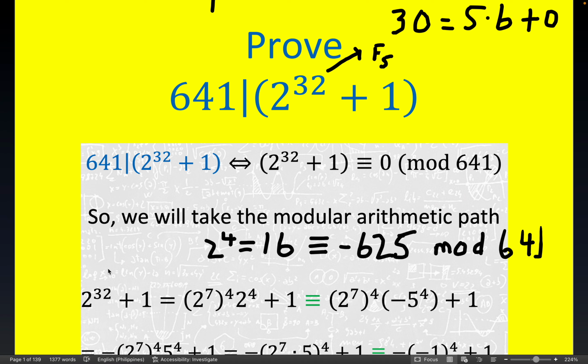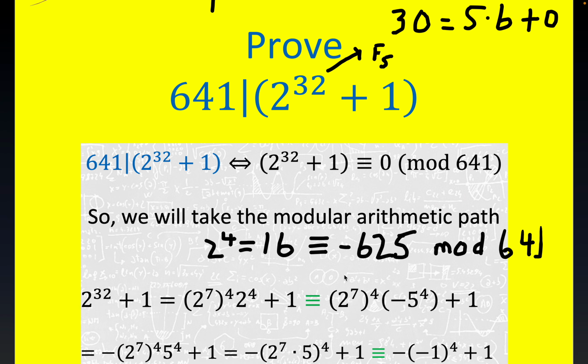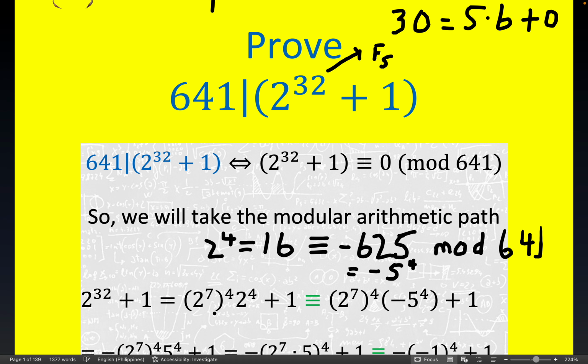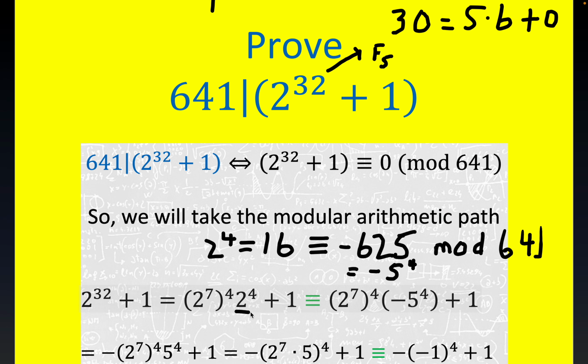But notice that this is also equal to minus 5 to the 4th power, right? So that's exactly why we can replace 2 to the 4th right here with minus 5 to the 4th, and take care to not think of this as minus 5 quantity to the 4th.